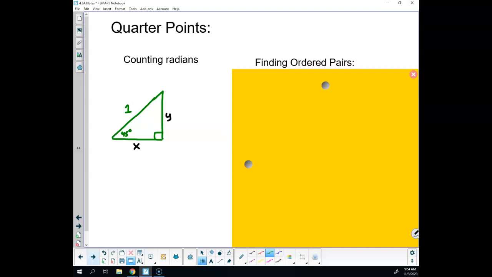We can find what x and y are because we know this is an isosceles right triangle. So x equals y. So x squared plus x squared has to equal 1 squared. So 2x squared equals 1.